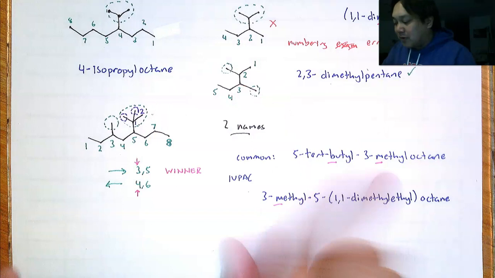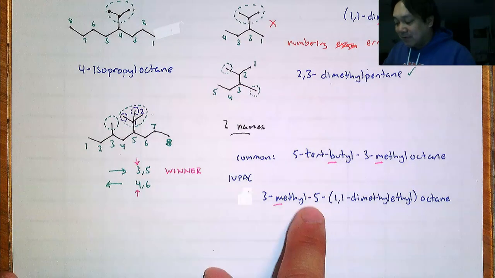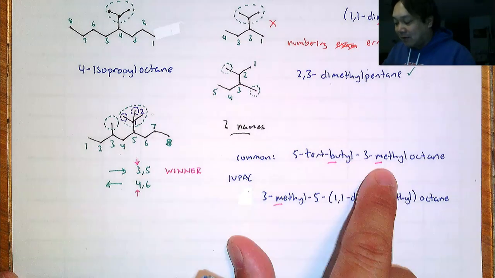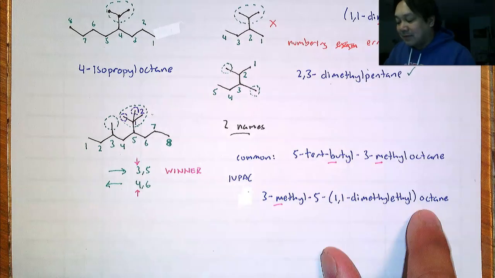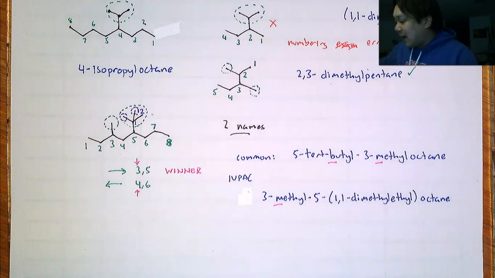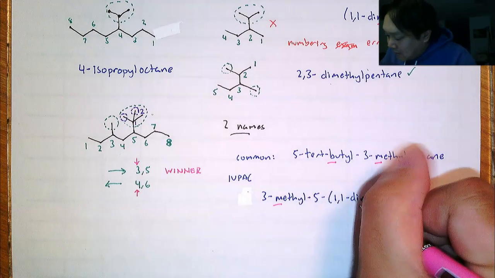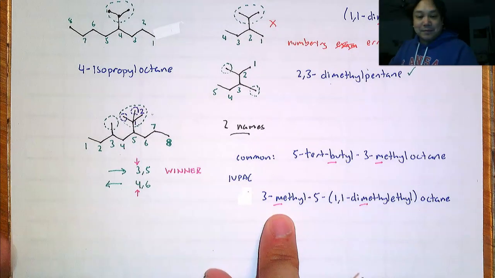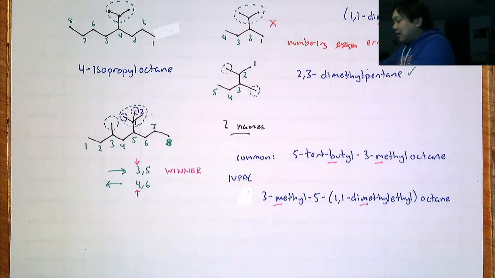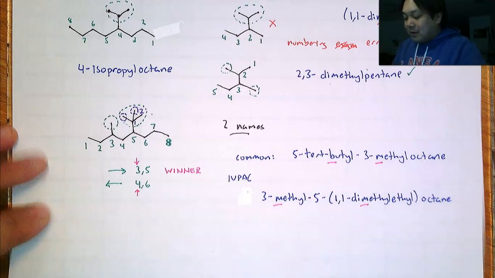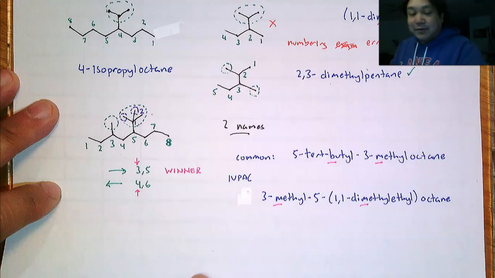So all the other components you have to show outside the parentheses. The 5, the 3-methyl, okay, and the octane. It's just that because of alphabetizing, now the 3-methyl comes first. A little bit tricky, but those are the two names for this molecule here.